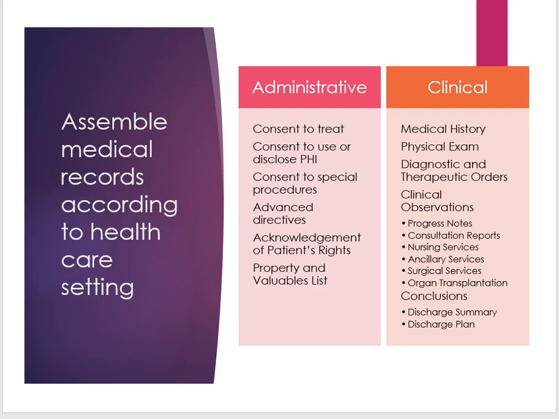The administrative components is where you have all of the billing information and your consents, advanced directives, and then the clinical portion of the record is where you have all of the documents from the clinicians that are involved in treating the patient. But also you should note, and this is something that you'll see commonly in a paper environment, is that the order of the record could vary.